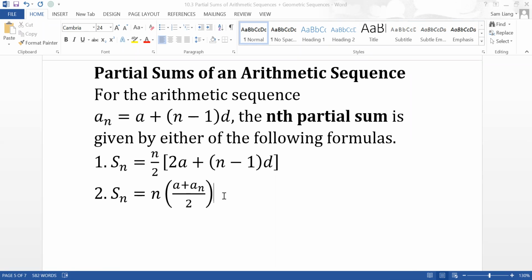But Gauss was able to figure out this formula by lining up the numbers 1 to 100, adding them together with another pair of 1 through 100, and then you get 101 times 100. Anyways, that's how he solved that problem, and that's demonstrated by this formula right here.